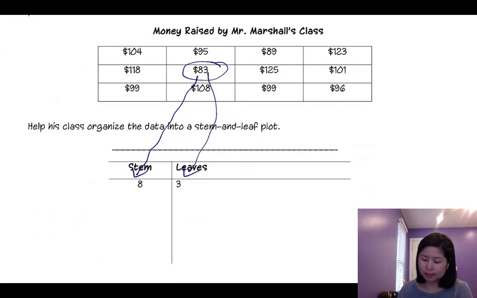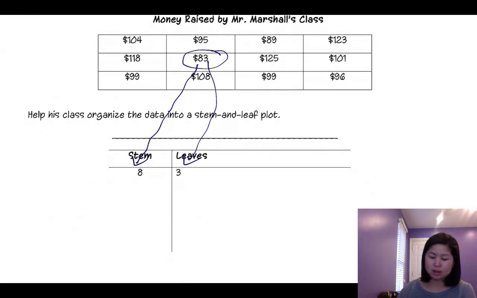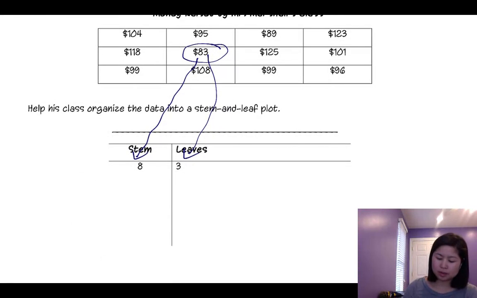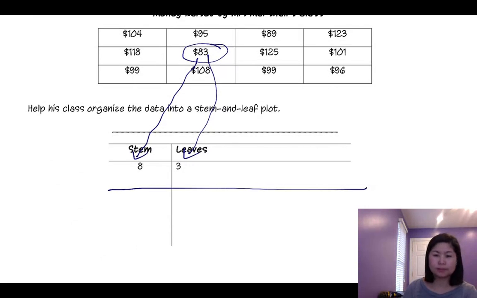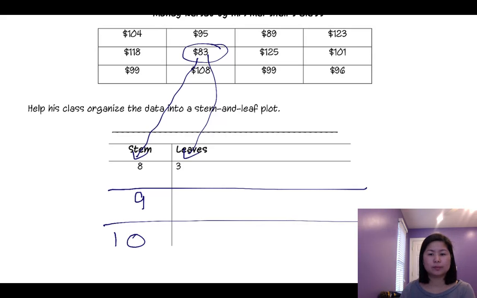Now we're going to look for the highest value, which is 125. We know it's going to start with the 8. The next one in the tens would be 9. And then we get to the hundreds. That's the stems. The leaf is the ones digit, that's what I will list out.